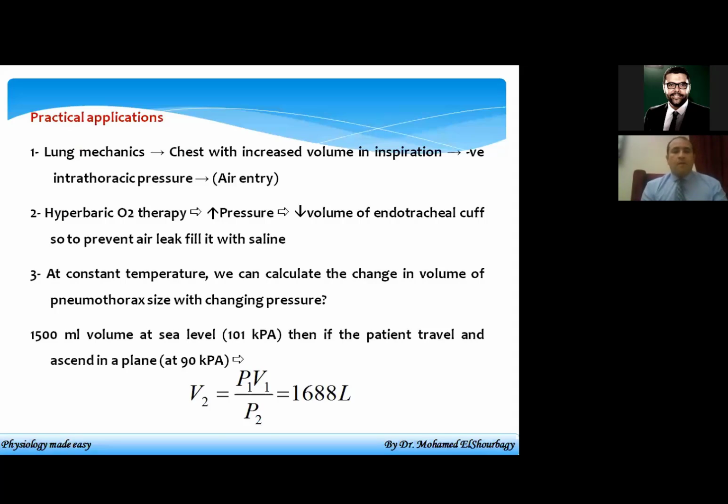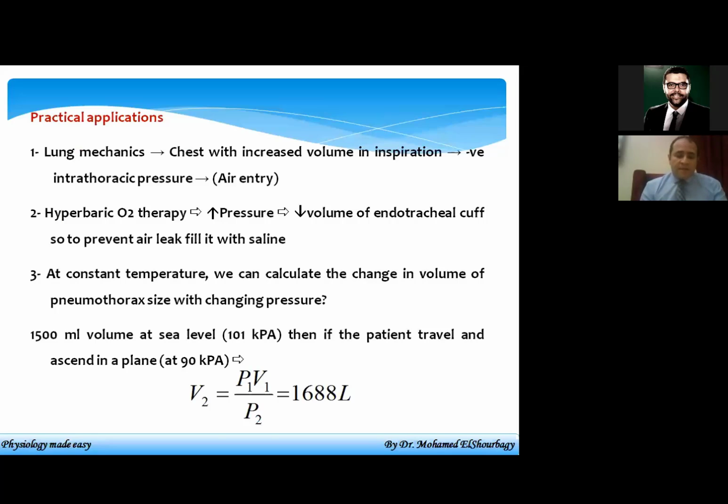At constant temperature, we can calculate the change in volume of a pneumothorax with change in pressure. A 1,500 ml pneumothorax at sea level at 101 kilopascal. If the patient travels and ascends in a plane, what is the new volume at 90 kilopascal?